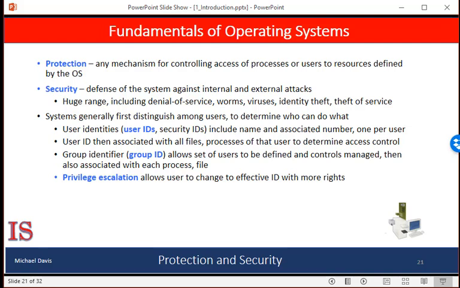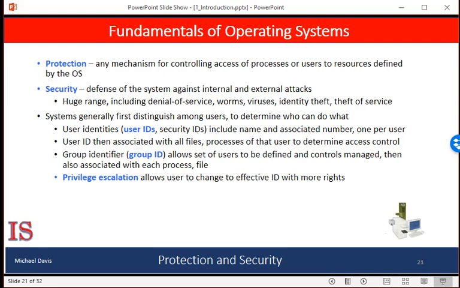Protection, then, is any mechanism for controlling the access of processes or users to the resources defined by the computer system. This mechanism must provide means to specify the controls to be imposed and to enforce those controls. Protection can improve reliability by detecting errors at the interfaces between subsystems.